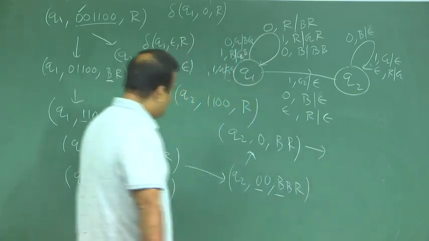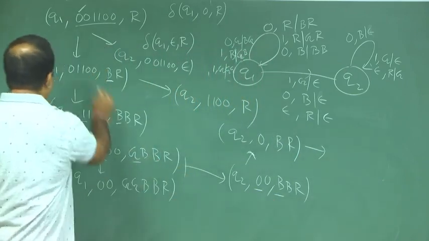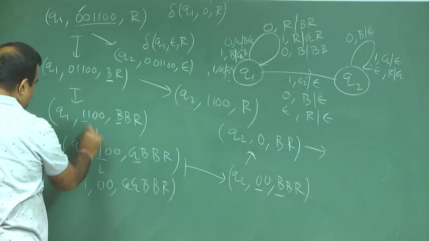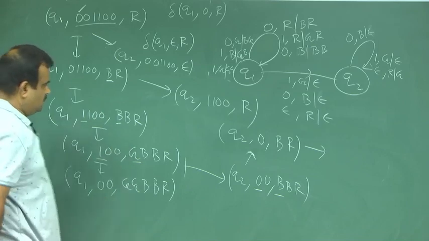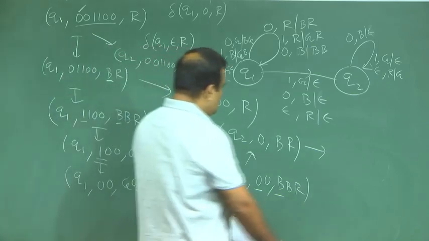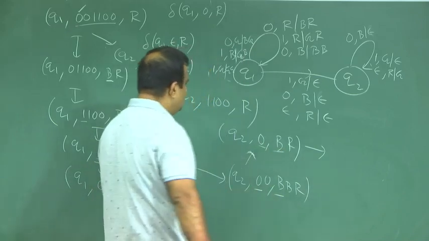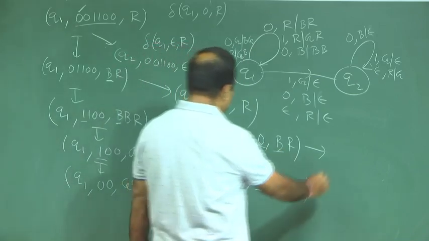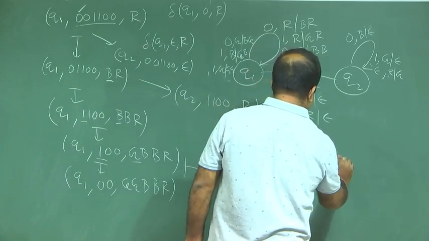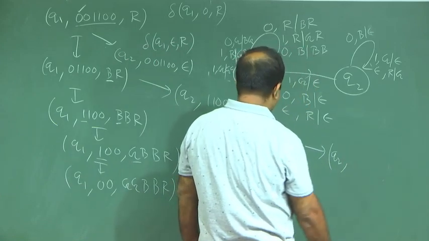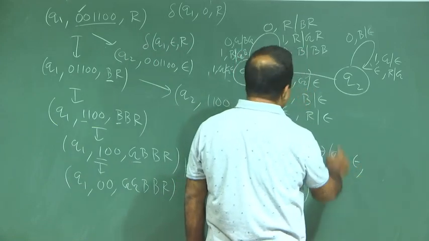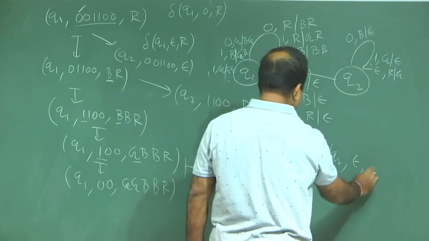Then again this is the instantaneous description. So, I should use this notation. Then okay, this one again we see a 0. Now, with b it can again go to q 2, then 0 is gone, b will be erased by epsilon. So, this is r.